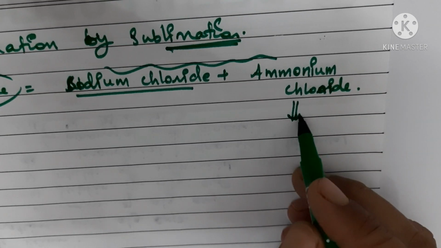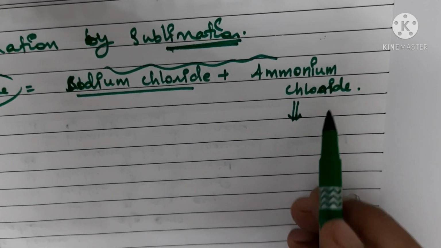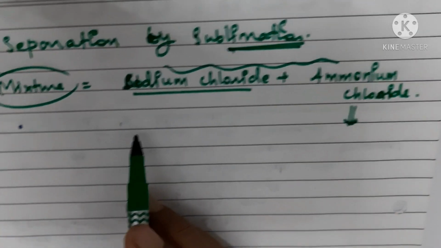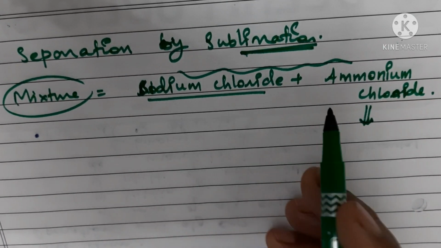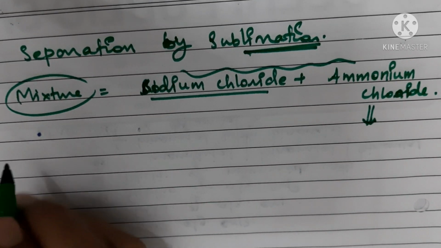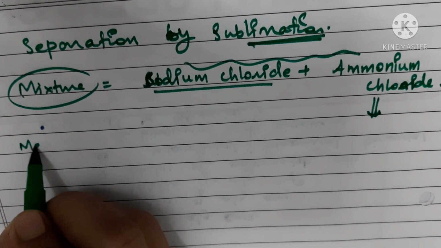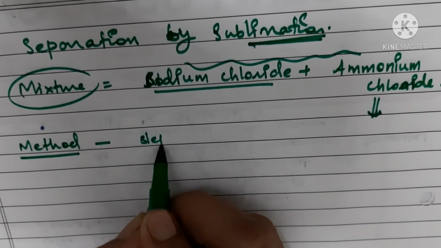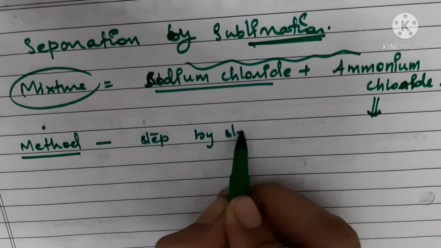So this property of ammonium chloride can be used for the sublimation process, where we are going to use sublimation to separate these two constituents. So let us see how to do it. Okay, now what method we are going to use? Let us do it step by step.